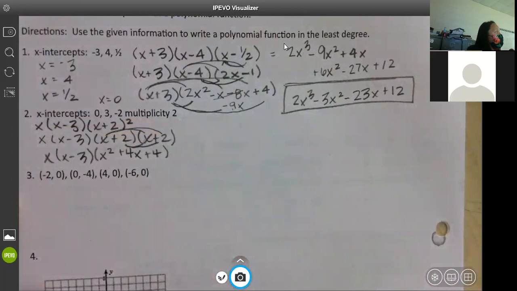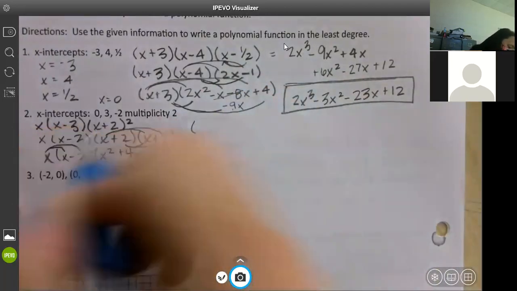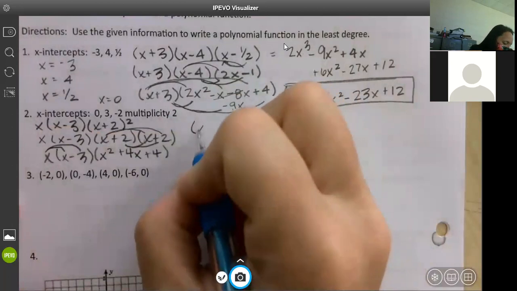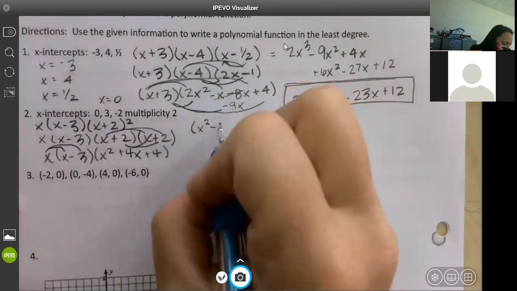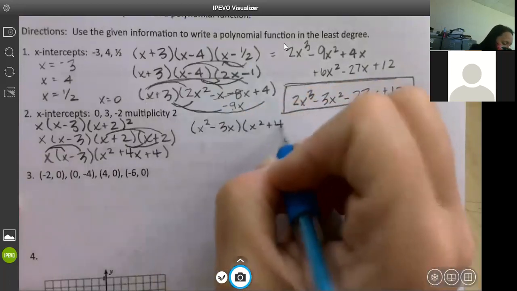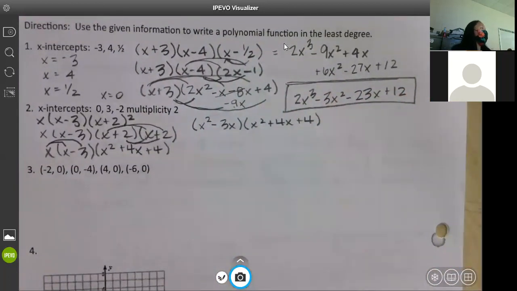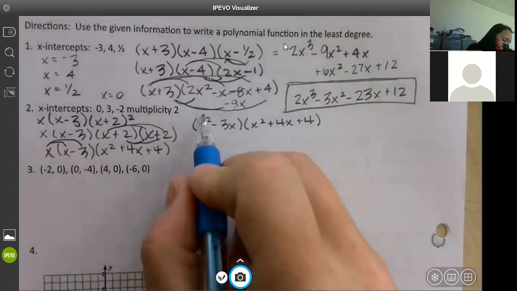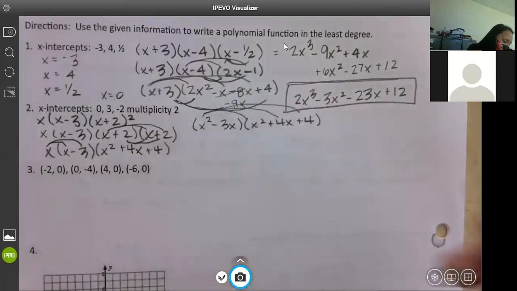You can go ahead and distribute that x in, or you can distribute the x minus 3 and then the x in. It doesn't matter. What I would do is go ahead and do the x. So if I distribute the x just to the first set of parentheses, what do I get? X squared minus 3x. Perfect. And then I still have x squared plus 4x plus 4. Now I have to distribute again. Start with your x squared to everything. X squared times x squared.